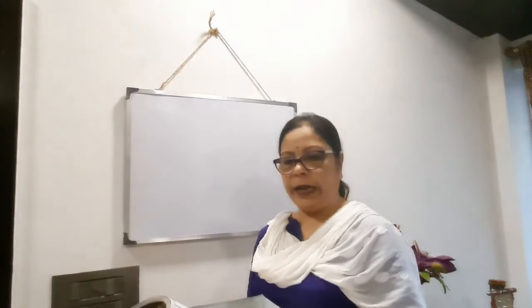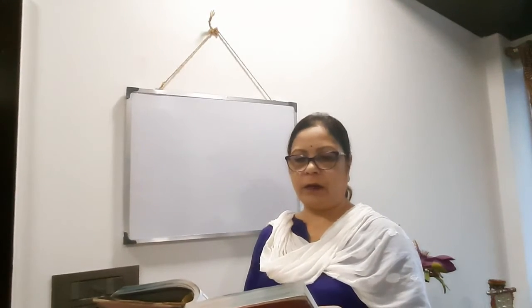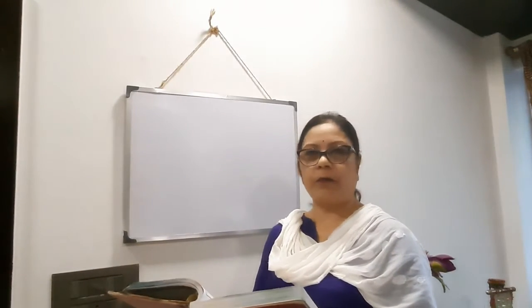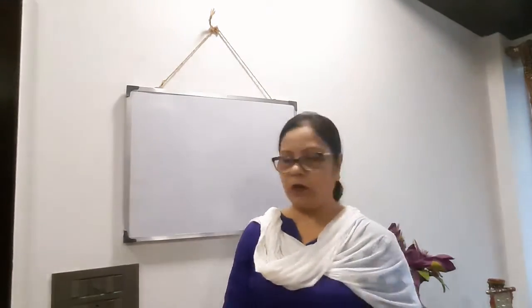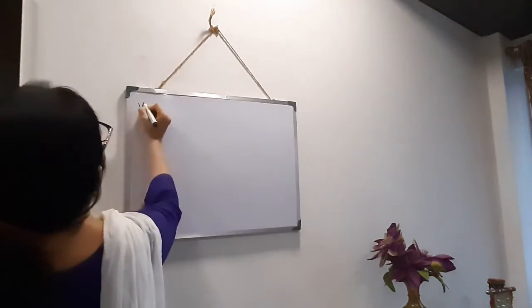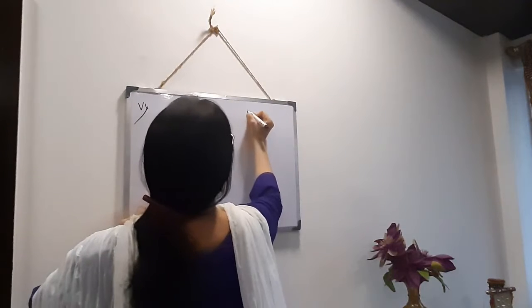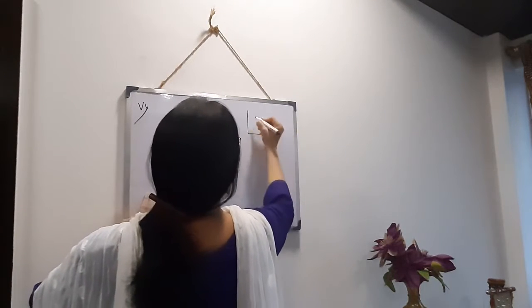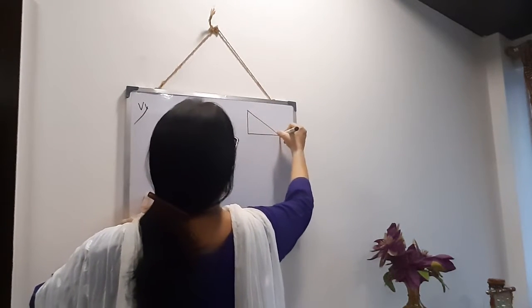Number 5. If the length of the shadow on the ground of a post is root 3 times its height, then the angle of elevation of the sun is what? Same diagram. The diagram is same, only measurements are different.